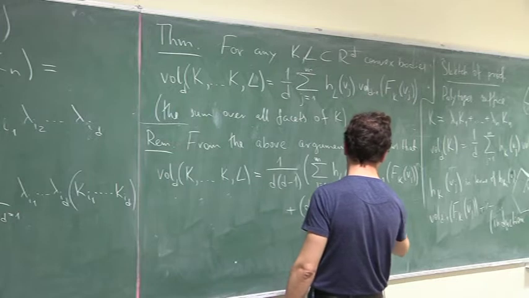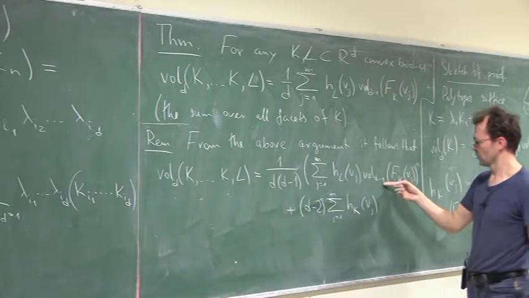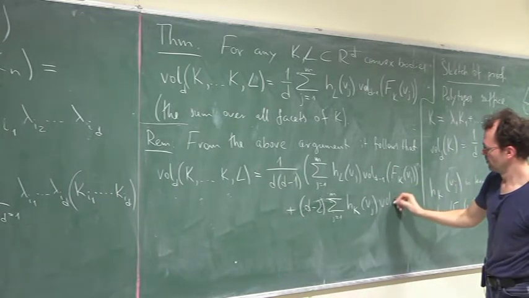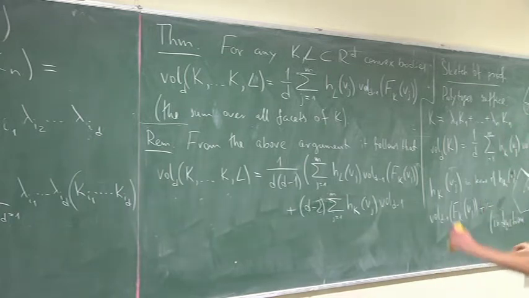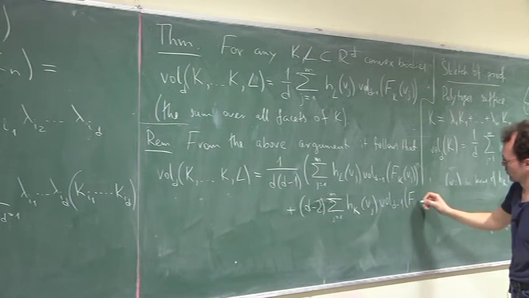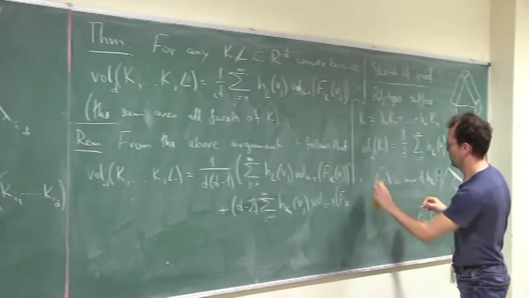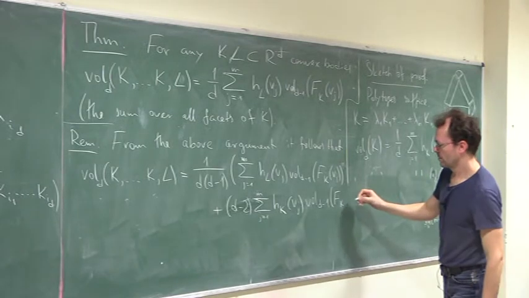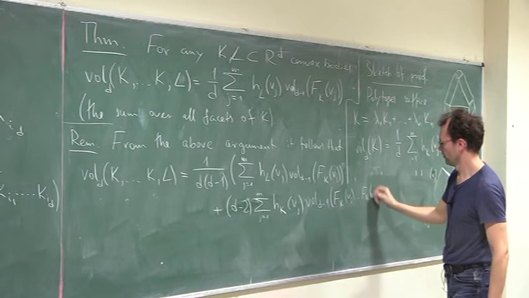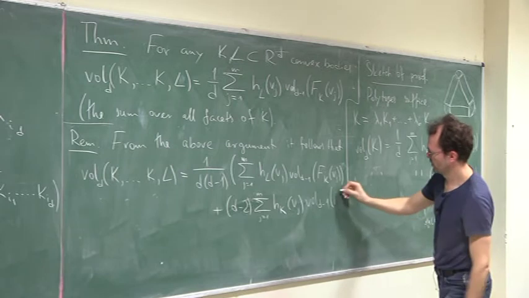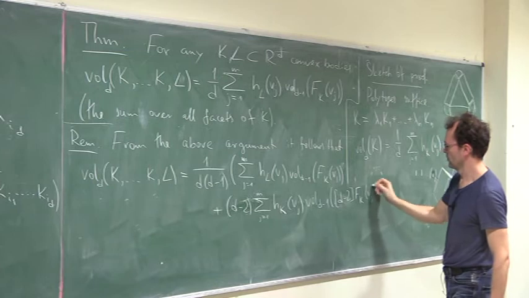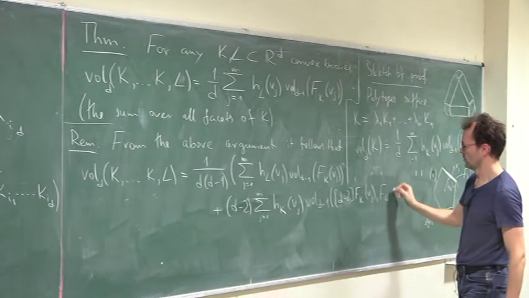Now we take h_K of v_j and take the mixed volume of d-2 copies of K and 1 copy of L. So we take the mixed volume of F_K of v_j; in my shorthand notation: d minus 2 copies of F_K of v_j and 1 copy of F_L of v_j.